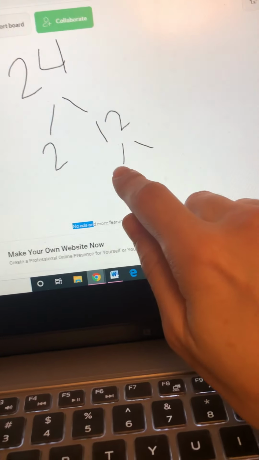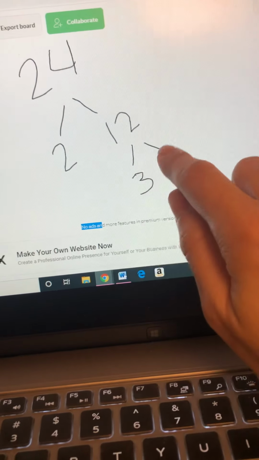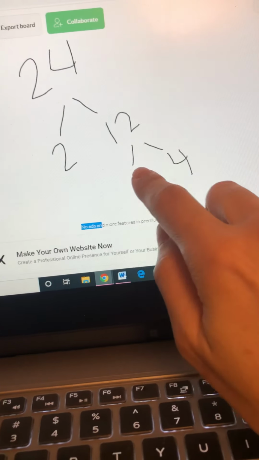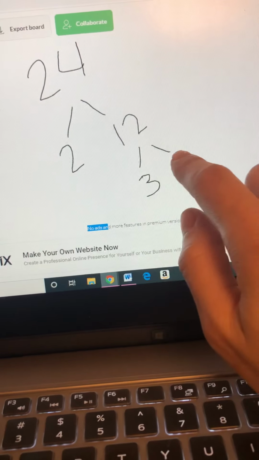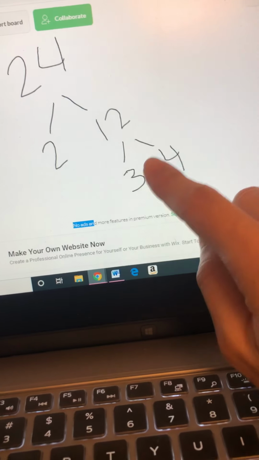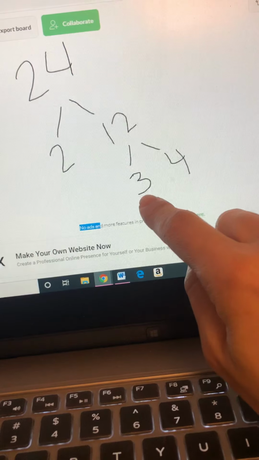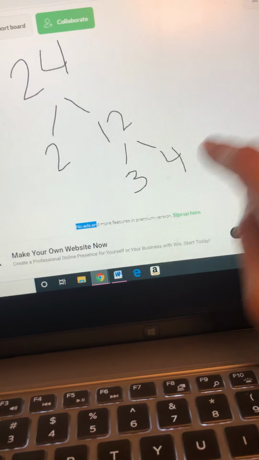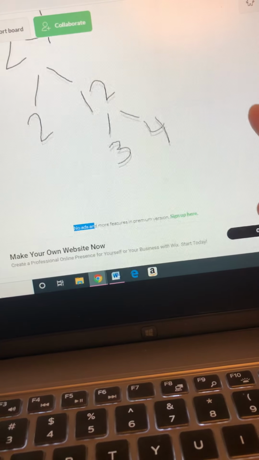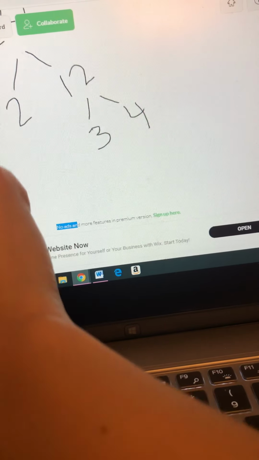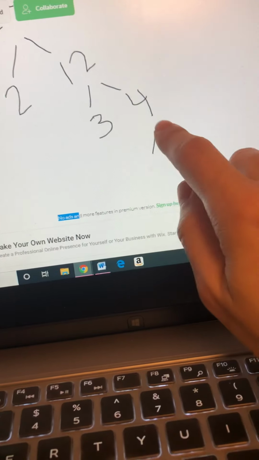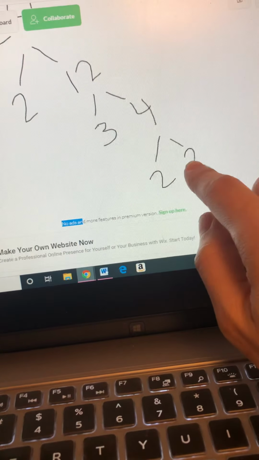I'll go with 3 times 4. Okay, and I'll write one factor on the one little line and the other factor on the other line. Now, 3 is already prime, so I cannot continue factoring out that number. But 4 is composite. I can continue factoring out 4. And the factors of 4 are 2 times 2, okay?